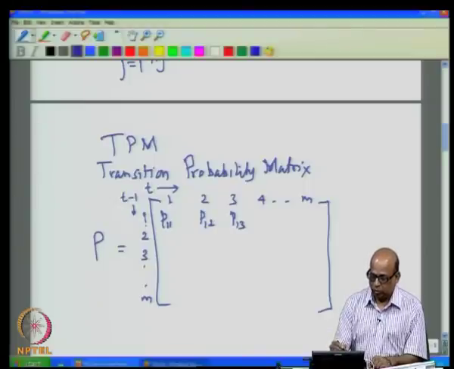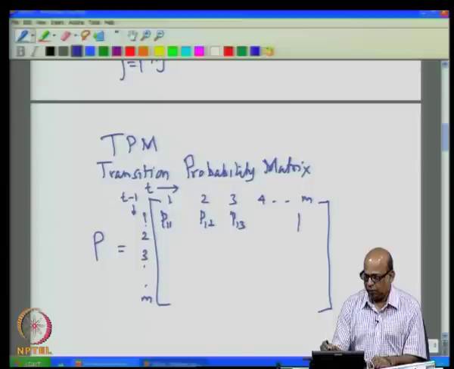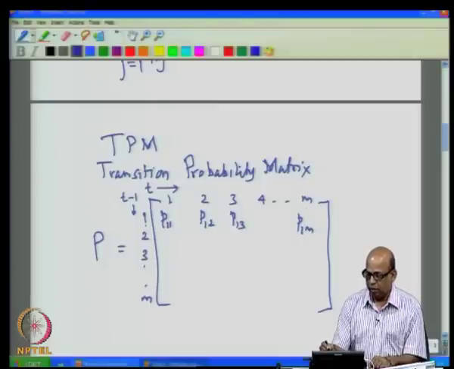The probability that it goes into class interval 2 in the next time period t, starting with class interval 1 in time period t minus 1, is P 12, and so on. So, this will be P 1 m, that is, starting with class interval 1 in time period t minus 1, it goes into class interval m in time period t, is P 1 m.